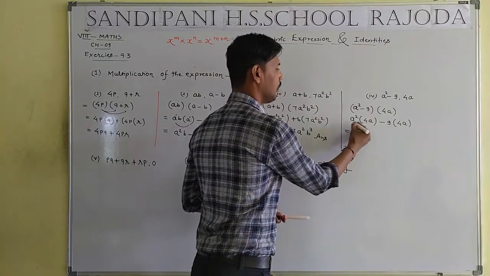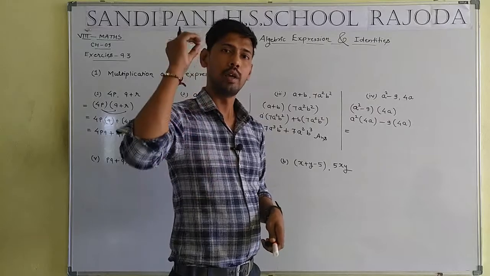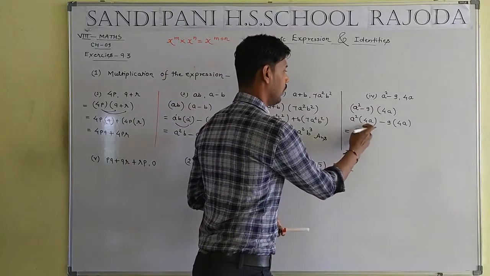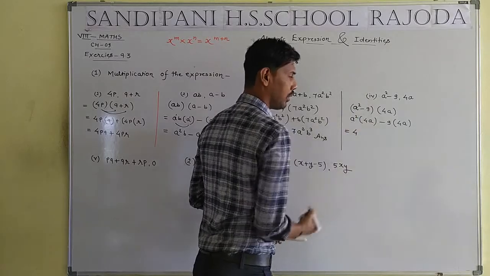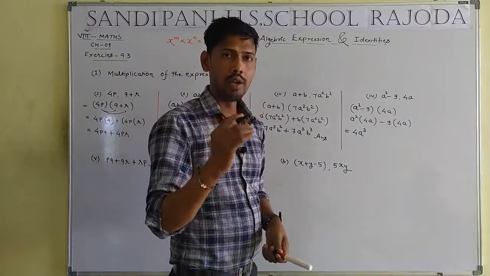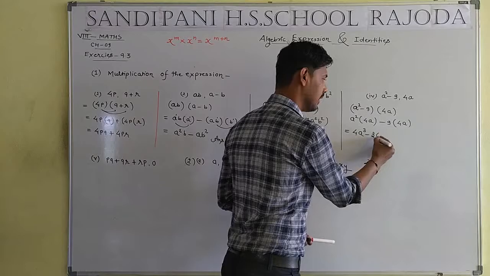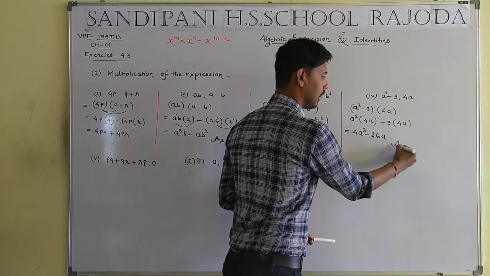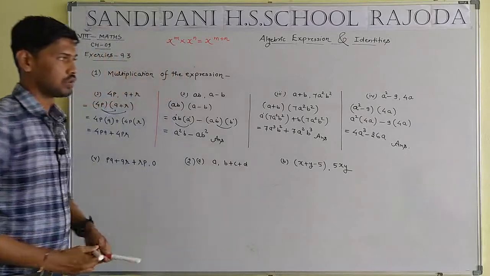In the case of first multiplication, number will be multiplied by number, that means 4 into 1 is 4, a to the power 1, a to the power 2 will be equal to a to the power 3. 9 into 4 is 36. A is a single quantity. Okay student, solution of question number fourth.